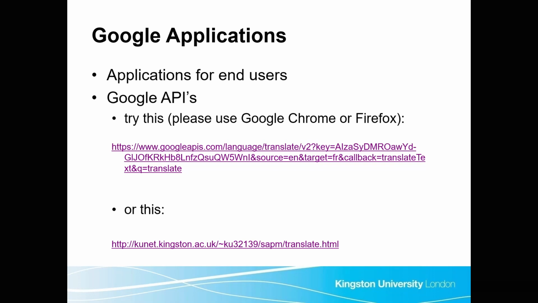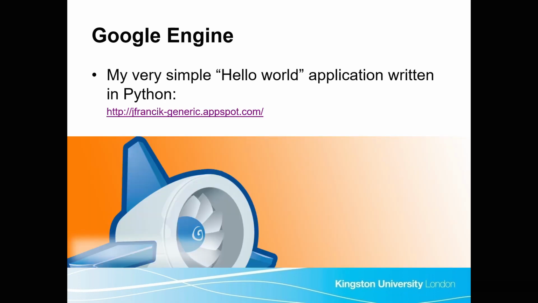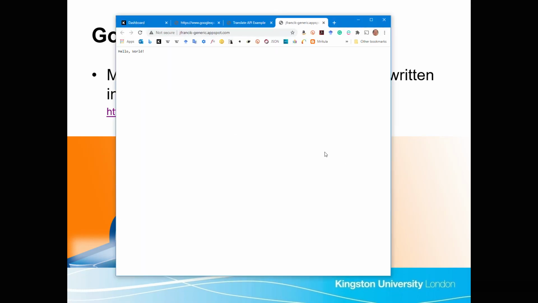So now I will go to another example, Google App Engine, and my very simple Hello World application, which was written in Python. This application is not particularly interesting, it just displays the text Hello World on the screen.